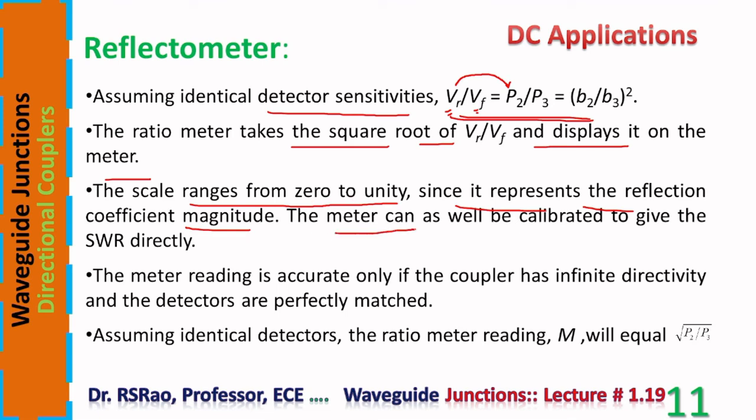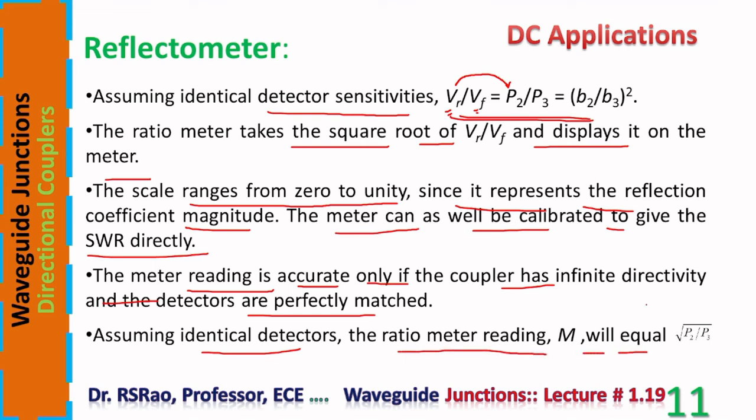The meter can as well be calibrated to give the SWR directly. The meter reading is accurate only if the coupler has infinite directivity and the detectors are perfectly matched. Assuming identical detectors, the ratio meter reading M is equal to the square root of P2 by P3, where P2 is power at port 2 and P3 is power at port 3.